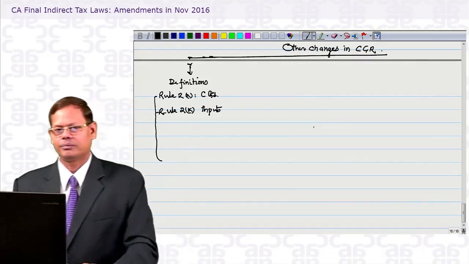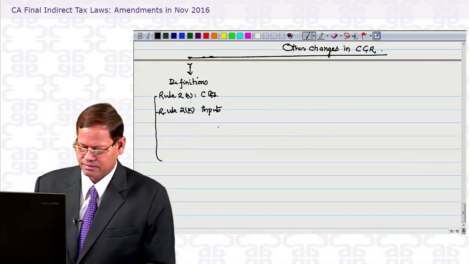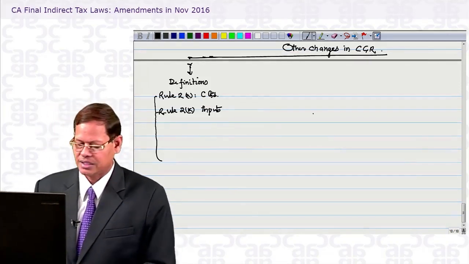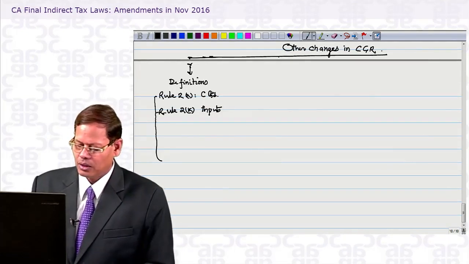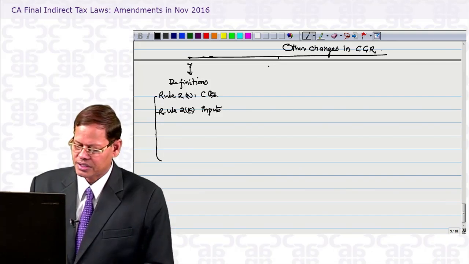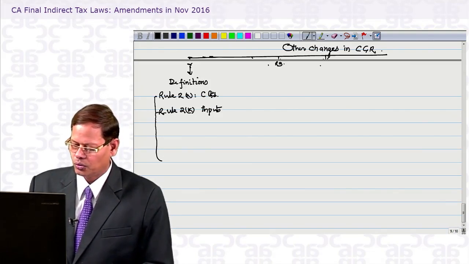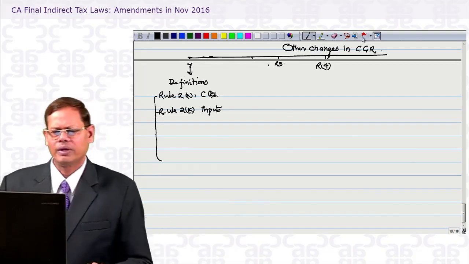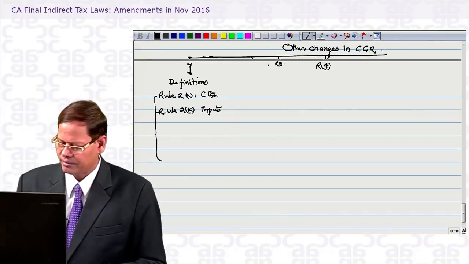These two are very, very important. And others, I will simply put as others. And rule 3, not major, of course, I have already discussed it. Rule 3, rule 4, and rule 5, not significant, nothing is there.